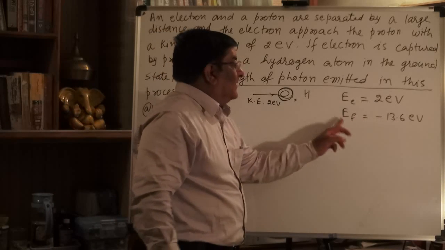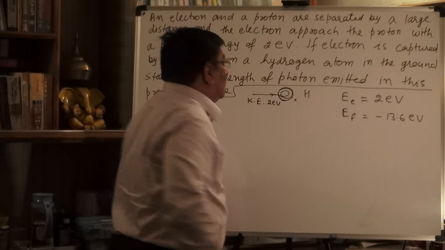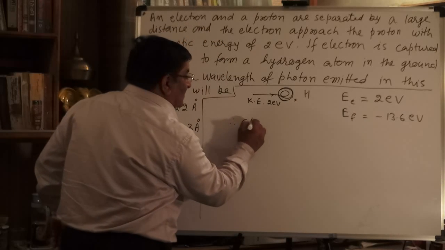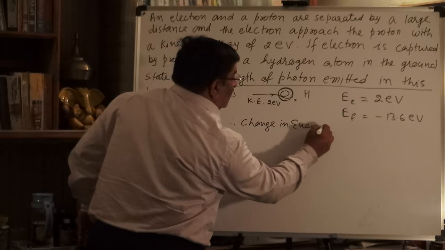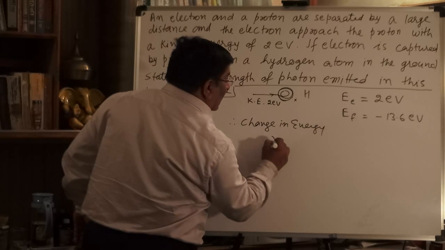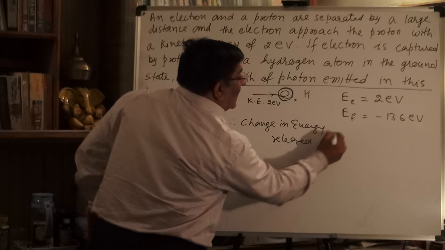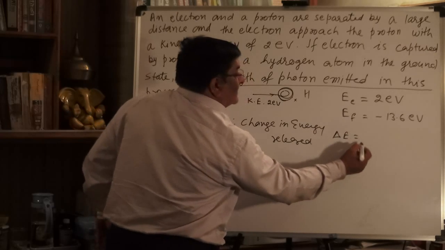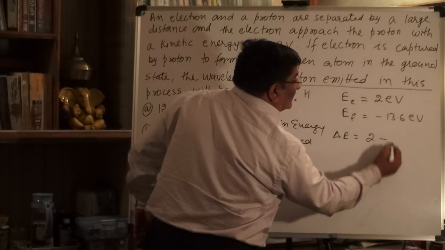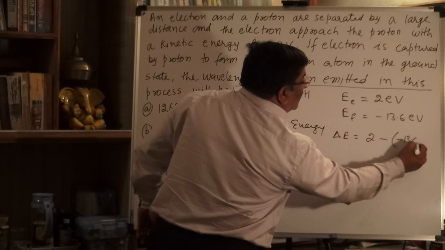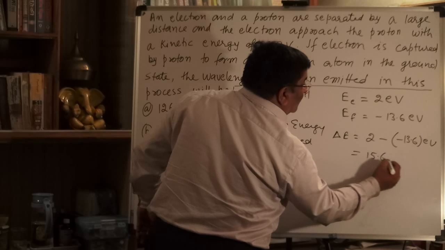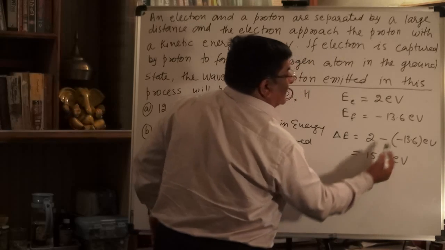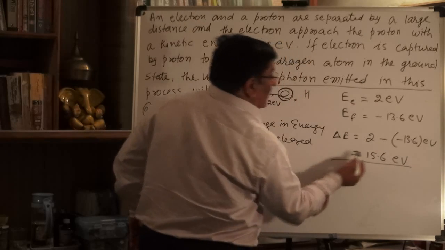This energy is negative in the first orbit. Therefore, change in energy means energy released. Energy released delta E is equal to 2 minus (minus 13.6) electron volt, which is equal to 15.6 electron volt.